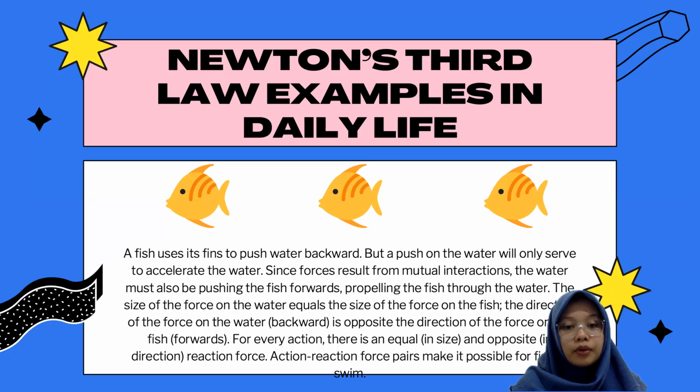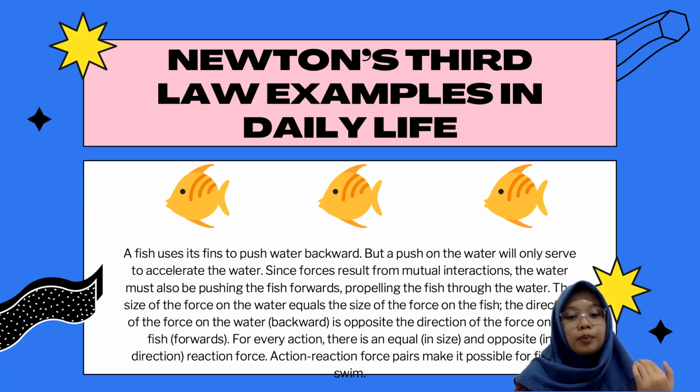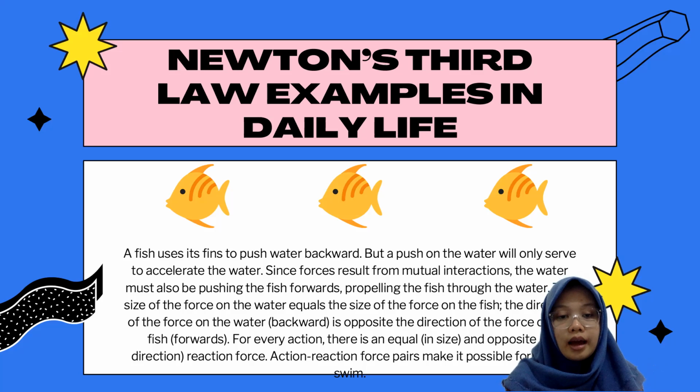The size of the force on the water equals the size of the force on the fish. The direction of the force on the water is backward, opposite to the direction of the force that the fish produces, which is forward. For every action, there is an equal reaction in size.